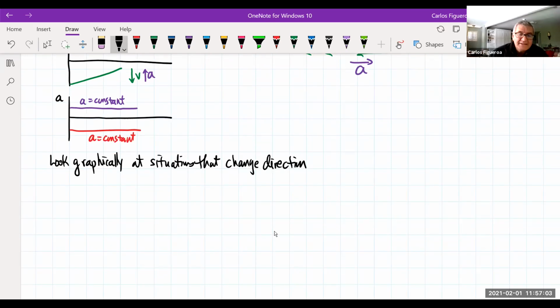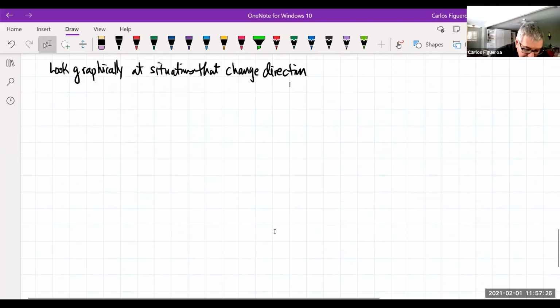So what's a good example of changing direction here? Let's say that you have a situation where you're moving to the right, but the acceleration is to the left, and then you stop and turn around and then continue to move in the direction of the acceleration. So let me go plot these things.